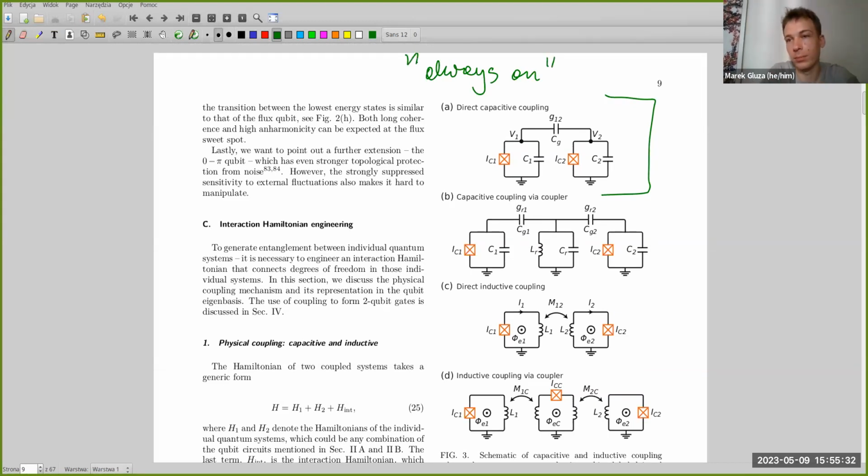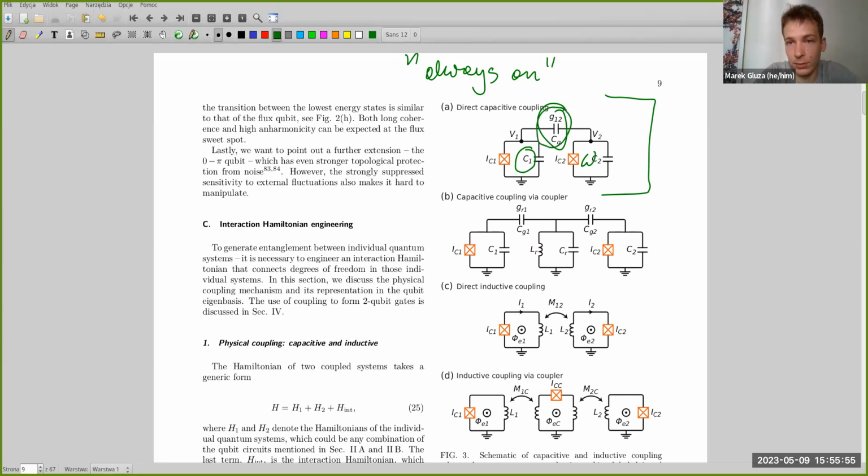Why is it always on? Because this capacitance here doesn't change at all, okay? But it's interesting what happens when we couple those two things. What you will see is that you can derive a coupling Hamiltonian, which will depend on the C parameters here, of the oscillation frequencies here, omega.